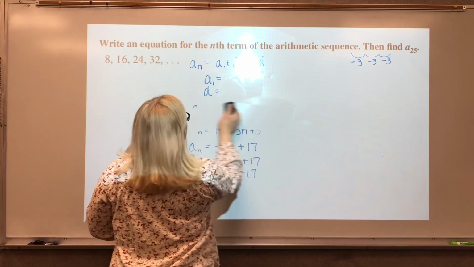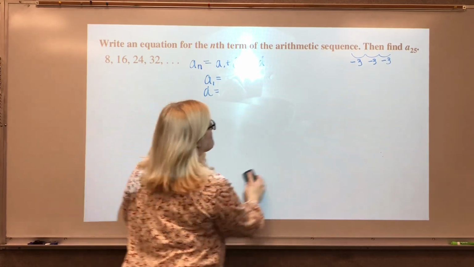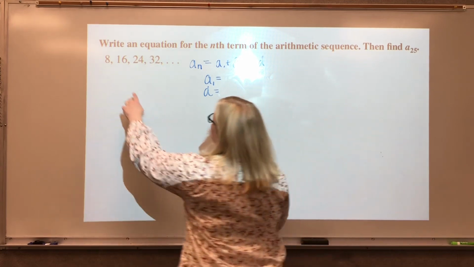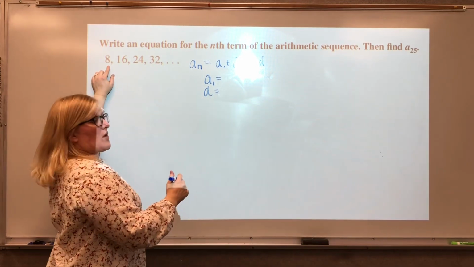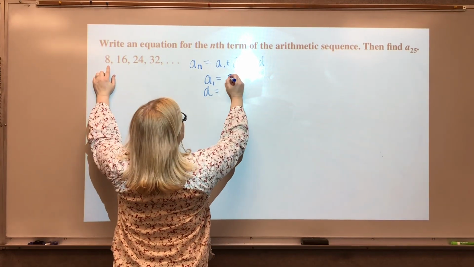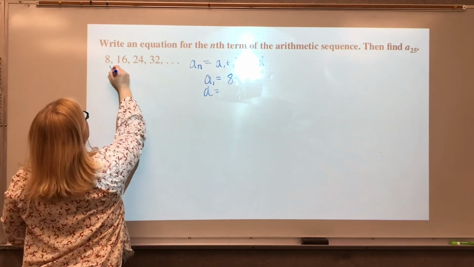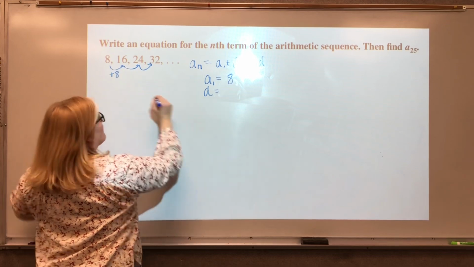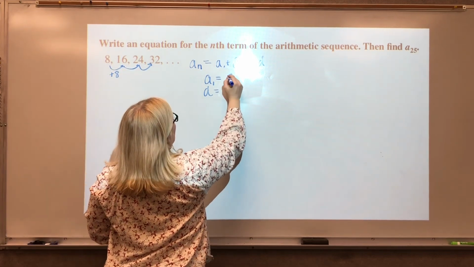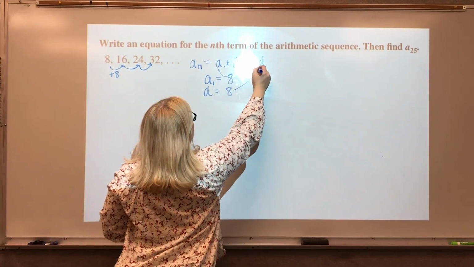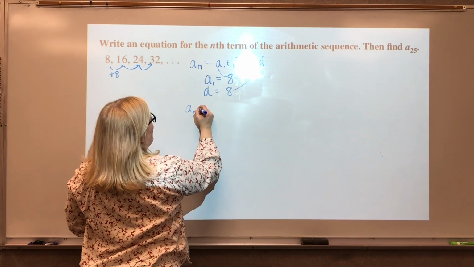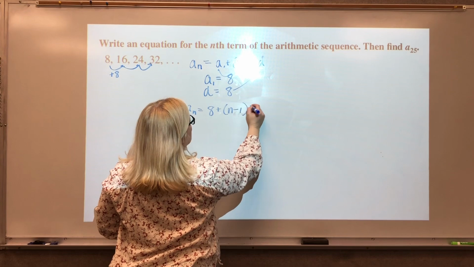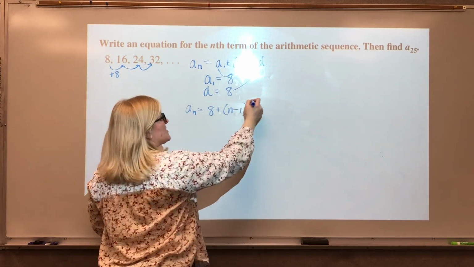Okay, I'm going to need this information again. And I've got a sub 1 is my first one, so that's an 8. And then this is going up by 8 every time. So now I'm going to plug these into my equation, and I get a sub n equals 8 plus n minus 1 times 8. Now I'm going to simplify.